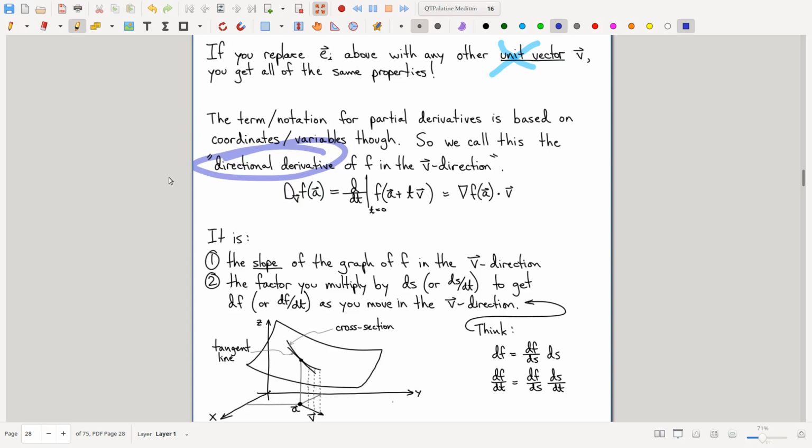I mean, again, free country and all. Now that's not consistent with how we're going to use the term directional derivative, but outside of Math219, people can use whatever terms they want, and a lot of people will still call this the directional derivative. They'll use the same notation. They will compute it perfectly correctly with this same expression, and the only cost is it's no longer a slope and it's no longer a multiplicative factor.